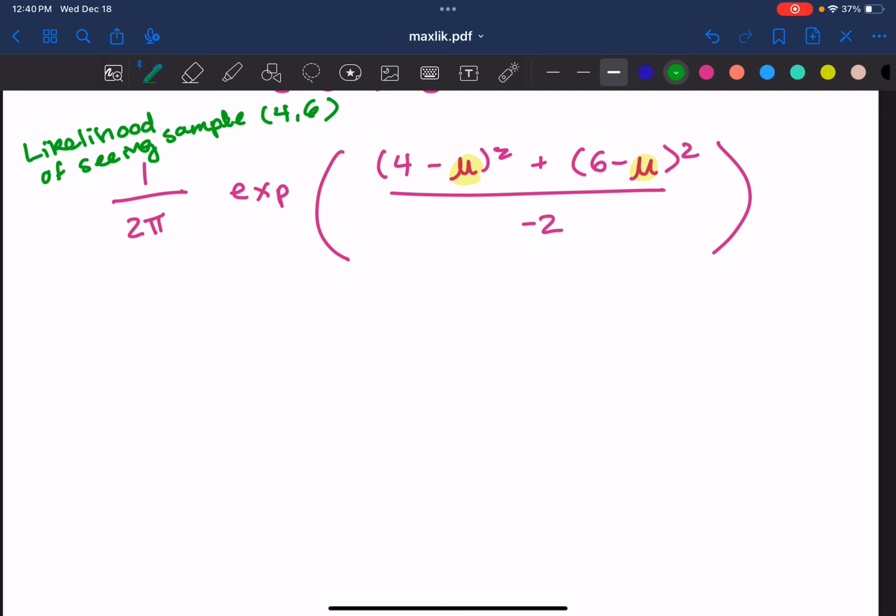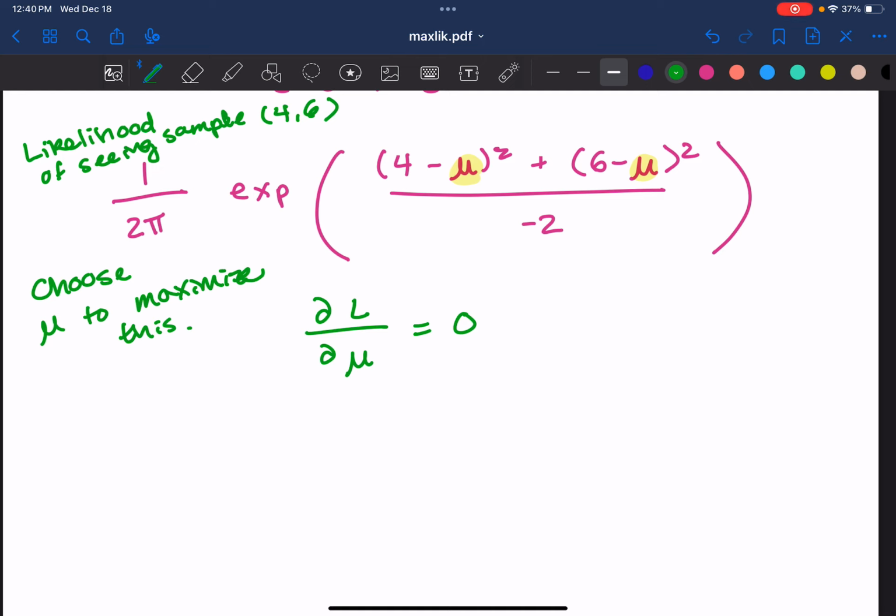The idea is we want to choose mu to maximize this thing. And the way we would do that is to take first order conditions, find the partial derivative of this likelihood with respect to mu, and set that equal to 0. If it looks like this, then at the maximum, the derivative will be 0.